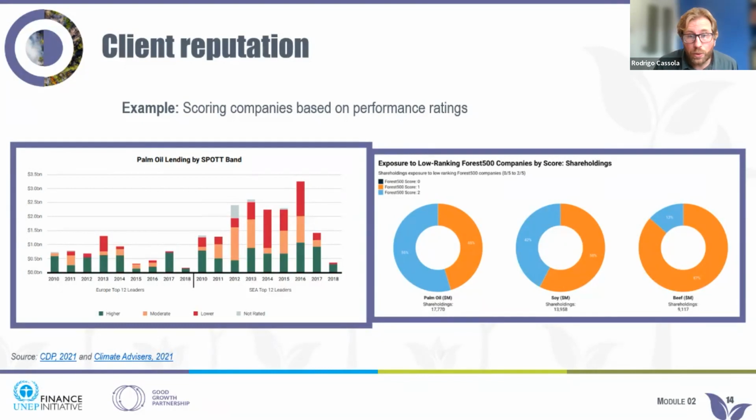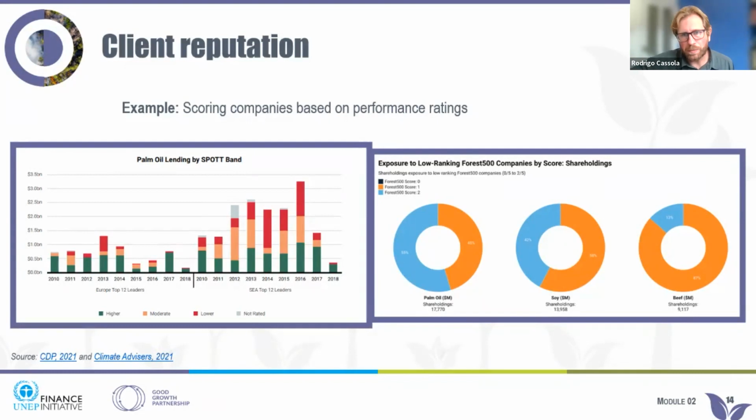The graphs here show the use of two of those ratings. One is ZSL SPOT, which provides information on more upstream companies, so closer to the production of the commodity, showing how finance is divided by the different bands.